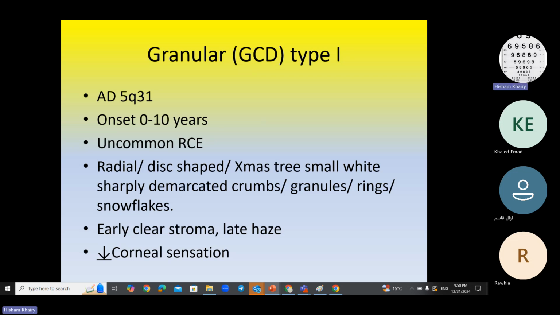Clue number 3, it is variable in picture. You can see the patient with a picture today or tonight, and then when you follow the patient up, you find the lesions have changed in shape.